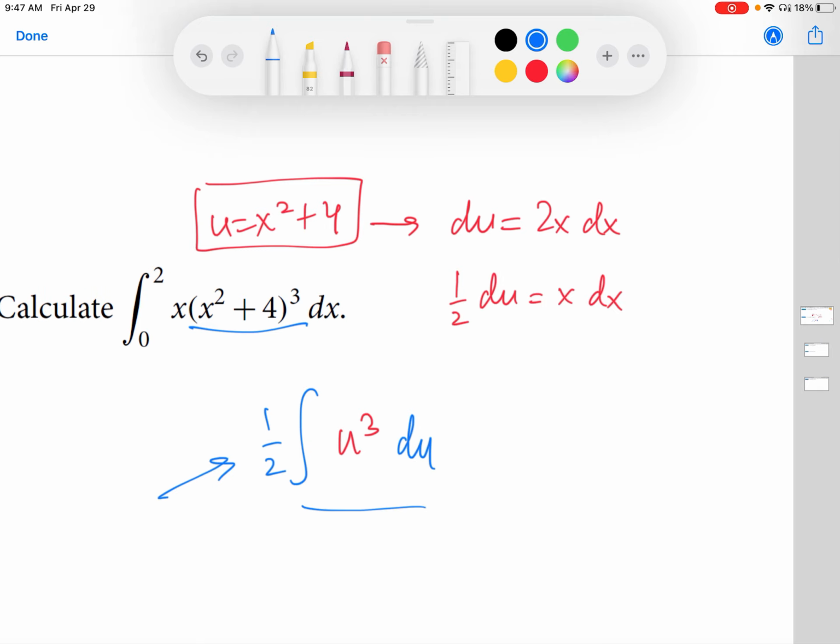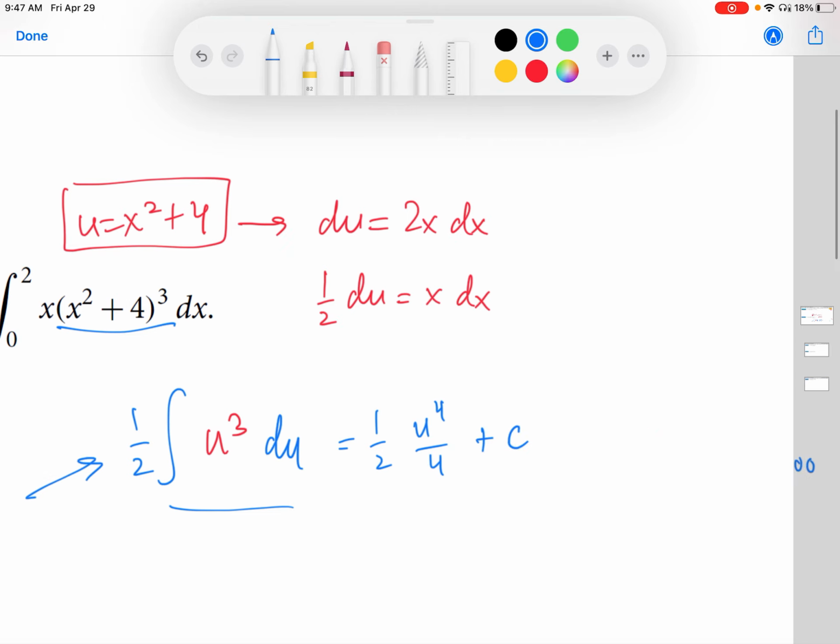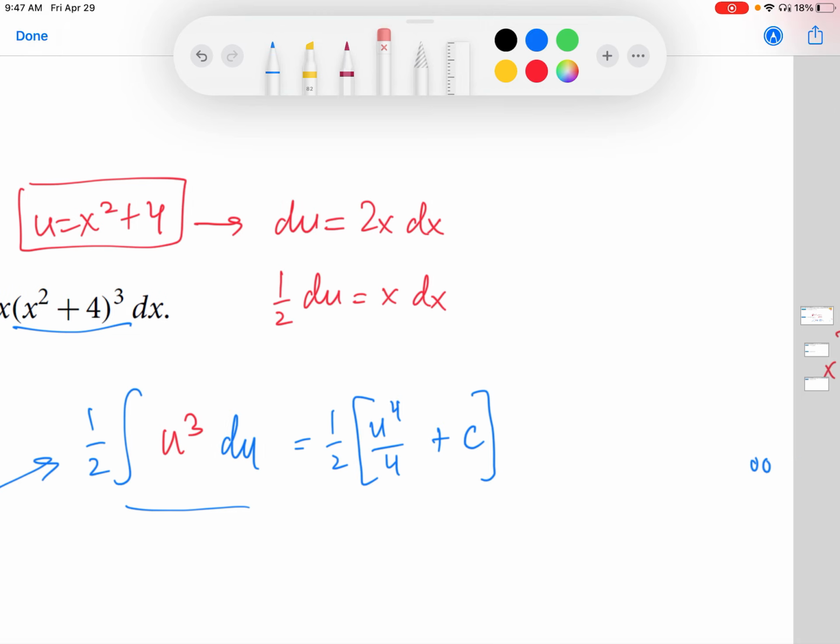All right, so the integral of u cubed du. This is another instance of the integral version of the power rule. I'm going to add 1 to the exponent, divide by the result, and then there's a plus c here. You might be wondering, why don't I put this in brackets? If I did, and I distributed the 1/2, u to the 4th over 4 plus 1/2 c, remember c is an arbitrary constant.